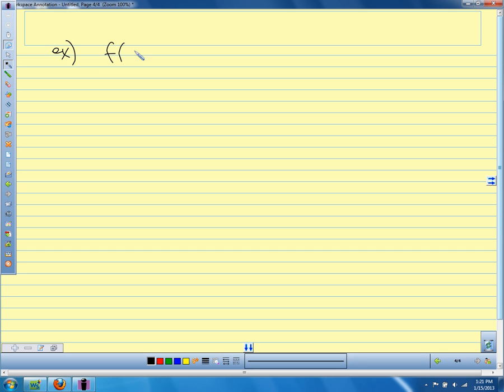We have f of x equals 3x to the third plus 2x squared minus 19x plus 6.